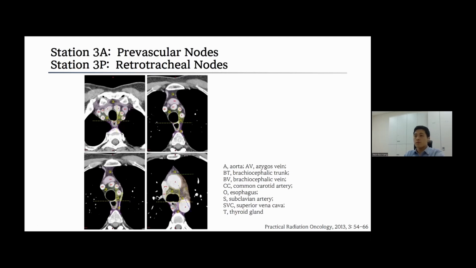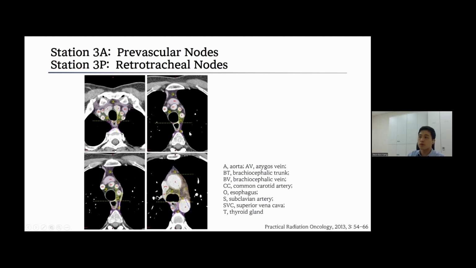For the next, the station 3A refers to prevascular nodes, and station 3P refers to retrotracheal nodes. A means anterior, P means posterior. 3A nodes are located between the sternum and both lungs and major vessels. 3P nodes are located between the trachea and vertebra.